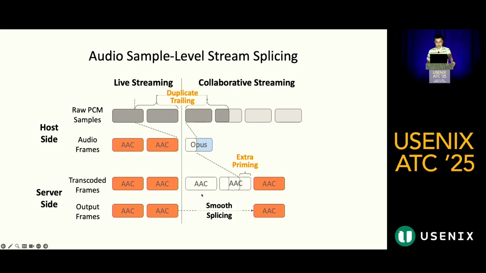In that case, we can simply discard any audio frames containing priming samples in the output stream. That will generate a smooth audio experience with no priming silence and without loss of valid audio signals as well. The figure shown here illustrates the case when we switch from live to collaborative streaming. And the two splicing techniques also apply to the other direction, of course.